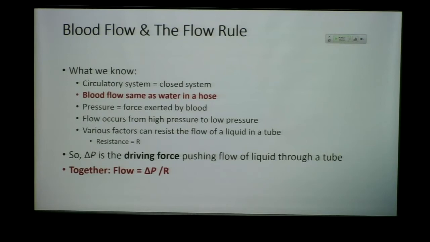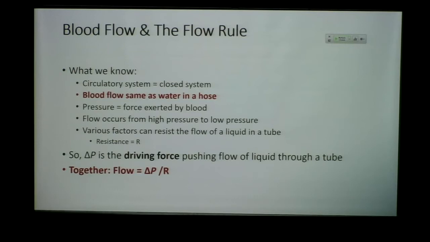And so we can use this analogy of a water hose. Think about water in a hose as an analogy of how blood moves through our vessels. The heart would be the faucet, right? Think about that hose being attached at the proximal end to a faucet. The water would be the blood that's moving through the hose. And what would the hose be in an analogy?